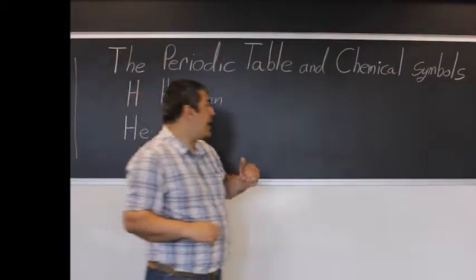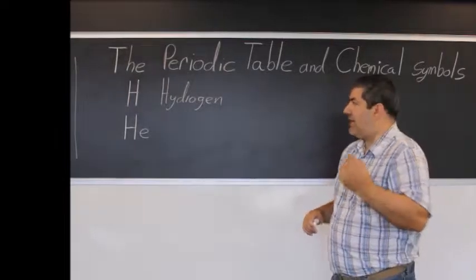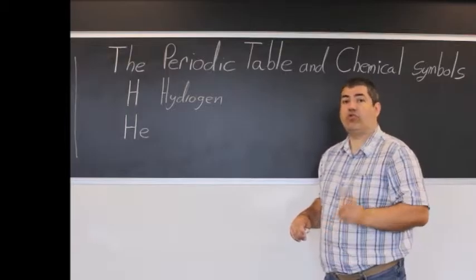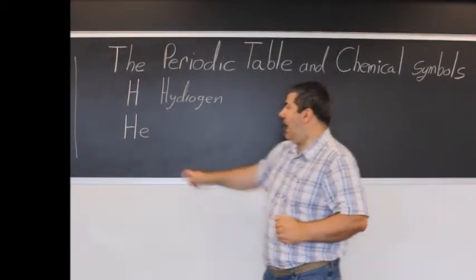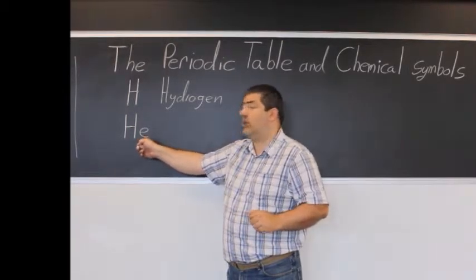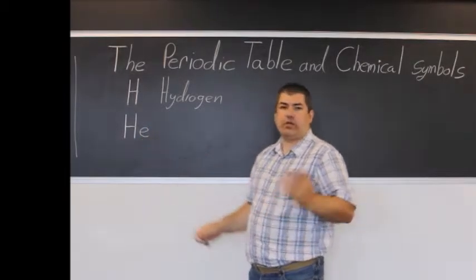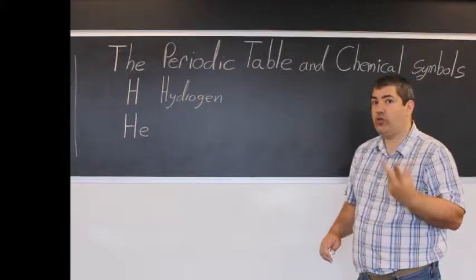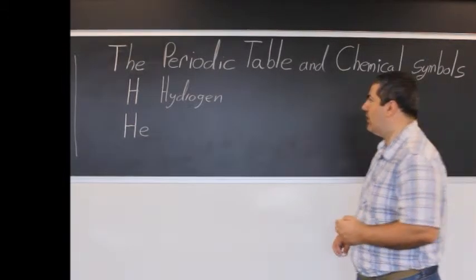For the systematic naming of the elements, an element will either have one letter, which is capitalized, or it'll have two letters, and the second letter is always lowercase. That way we don't write two capital letters together and think we have two different elements when we're trying to say that we have one.